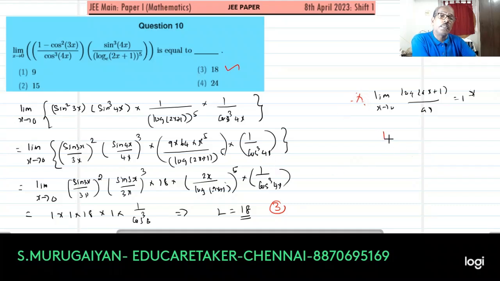And what are the others? Limit x approaches 0, sin ax by ax whole power n equal to 1. So we have applied the two results here, and cos 0 is straight away 1. So final answer 18.